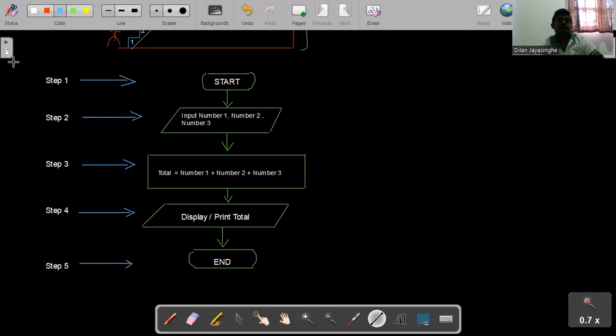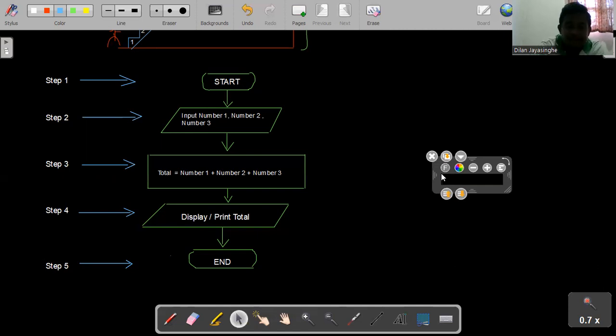Sequential order, step by step manner. From the initial step to the final step. Understood?